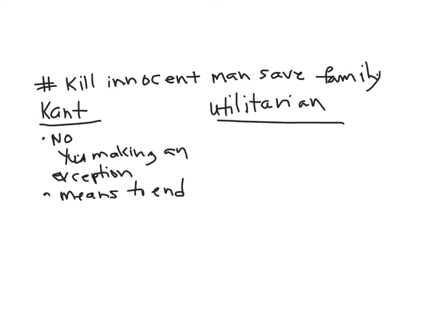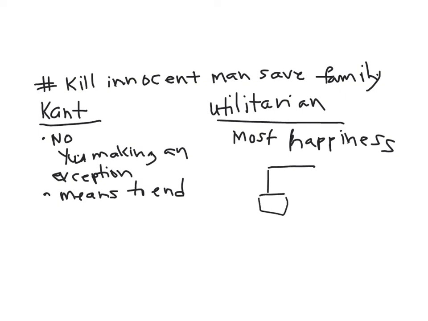The argument that most students seem to make is, according to the principle of utility, you ask where are we going to get the most happiness for the most people? And it's a pretty simple equation.